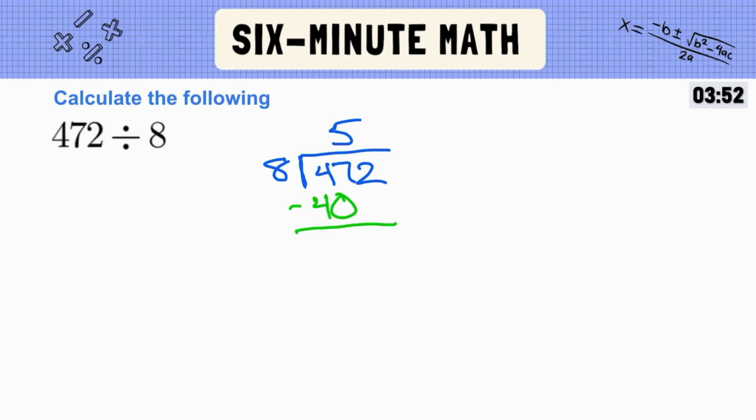I subtract. 47 minus 40 is 7. And then I drop my next place value, which is that 2. How many times does 8 go into 72? It goes in 9 times, which tells me that 472 divided by 8 equals 59.